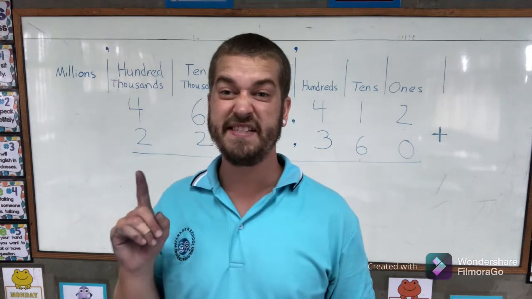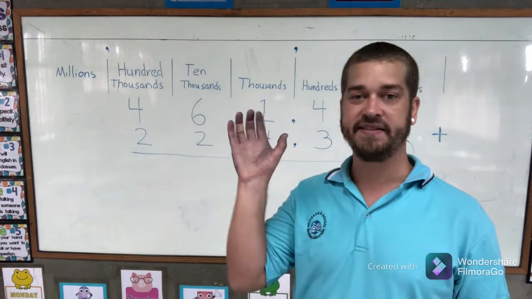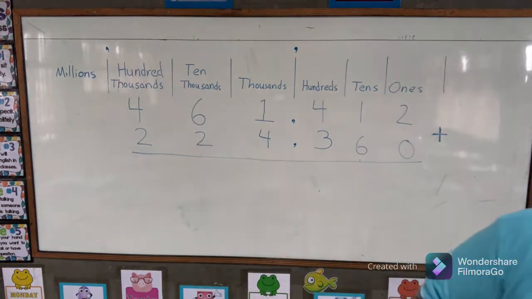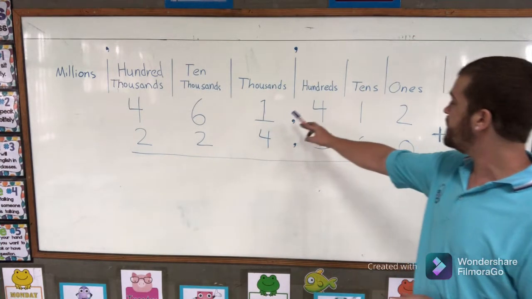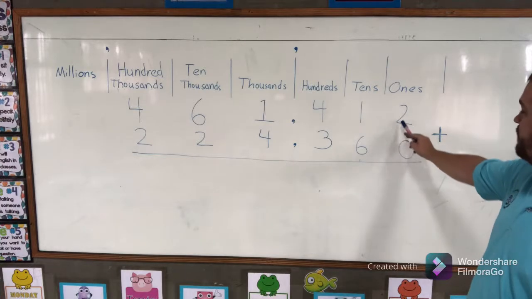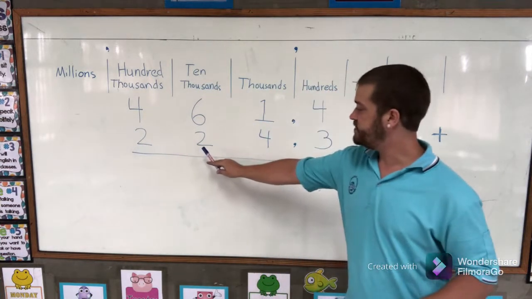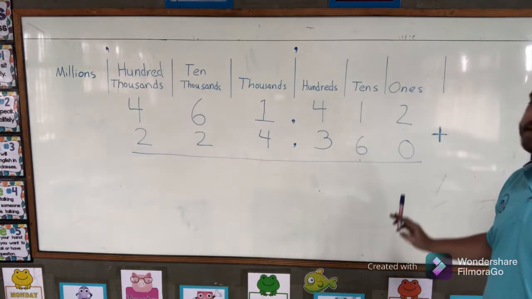Let's get started. This is problem 1A, and it just says add, okay? So, let's add 461,412 plus 224,360 together.